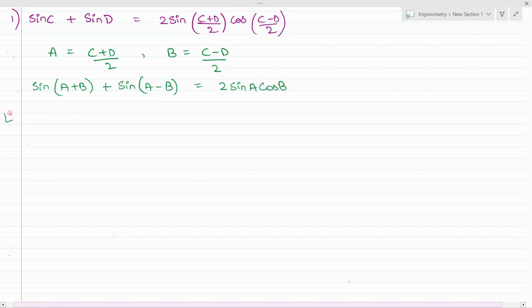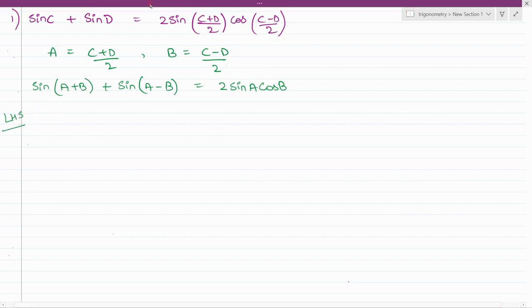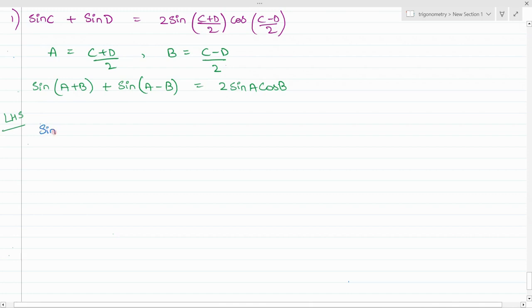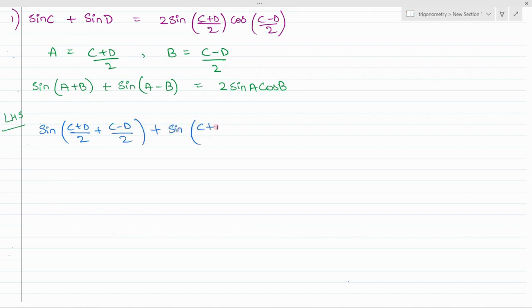So in this LHS part, just substitute these a and b values: sin of c plus d by 2 plus c minus d by 2, plus sin of c plus d by 2 minus c minus d by 2. Here also substitute the values: 2 sin c plus d by 2 into cos c minus d by 2.